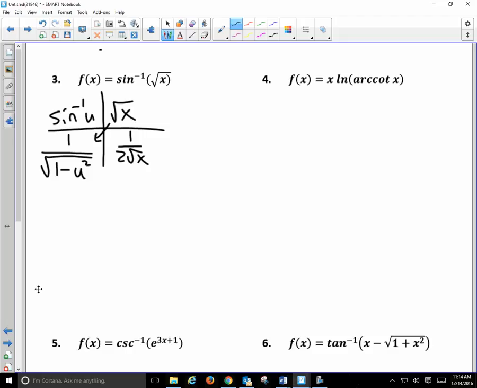So when I plug the square root of x into there, I will get just x, and then a 2 roots of x will join in the denominator as well, but I just have a 1 on top, bottom 2 roots of x times the root of 1 minus x.